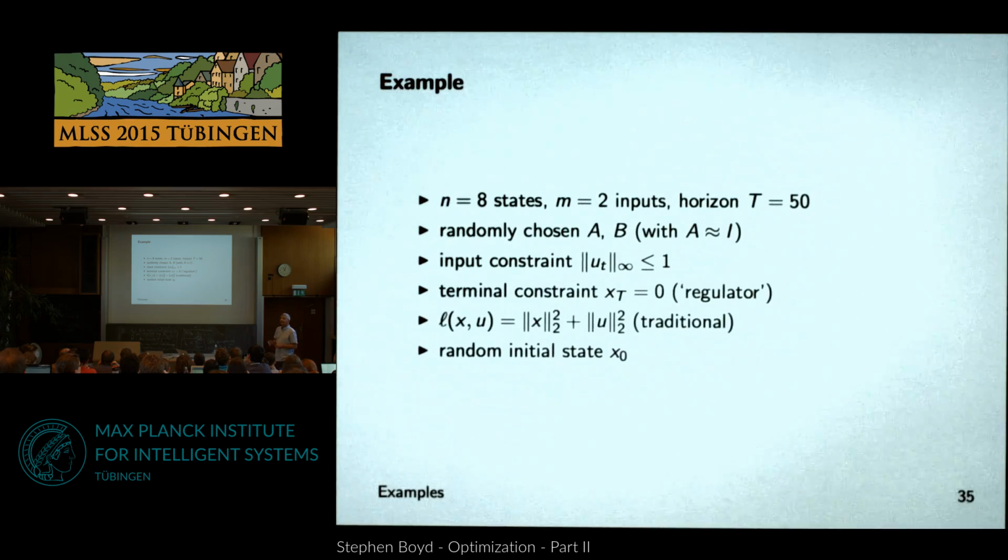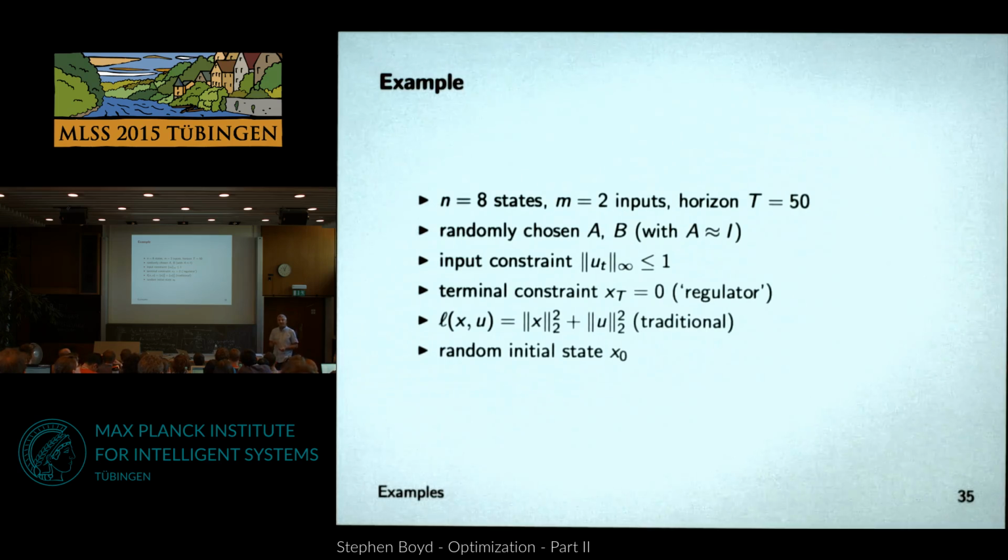In a regulator, typically the state is deviation from some desired state. So if you have an airplane, it's deviation from your current commanded cruise, whatever it is, 485 knots at 32,000 feet. That's x equals 0.